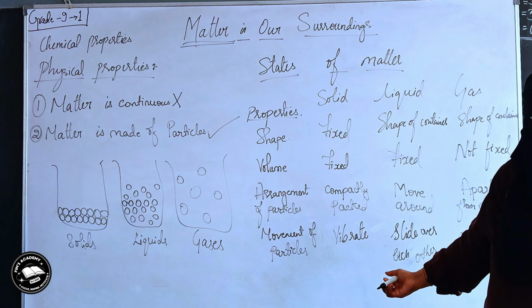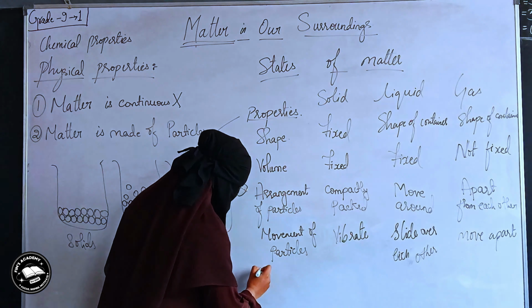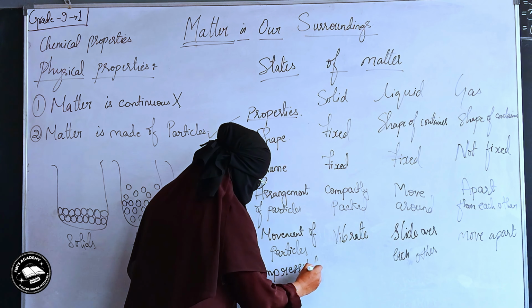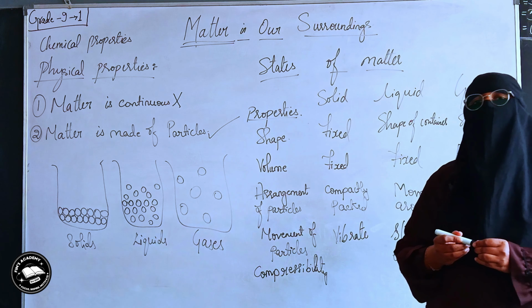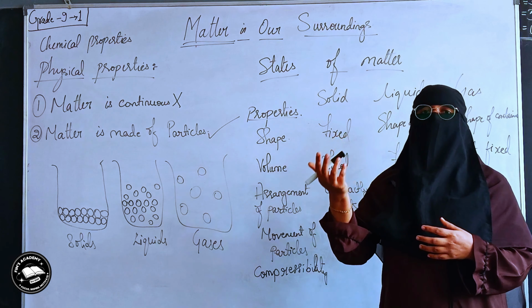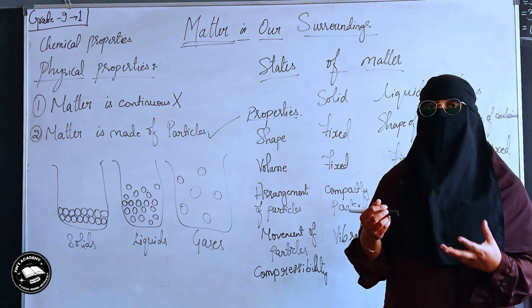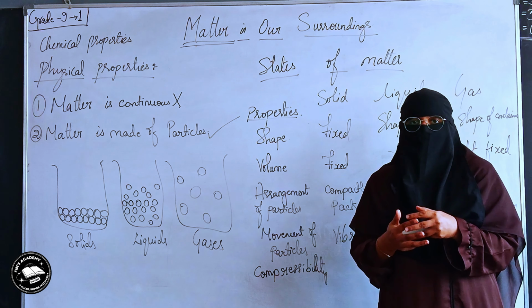Now coming to the next one, that is compressibility. Talking about compressibility, take any solid, for example this marker, a paper, a pencil or a metallic substance. There is some limit to which you can compress.